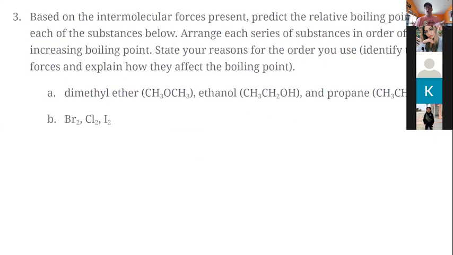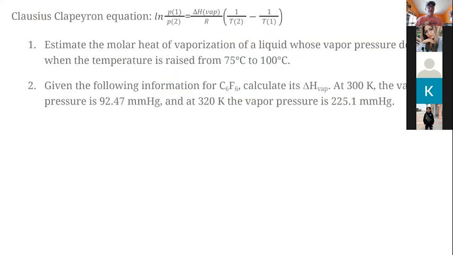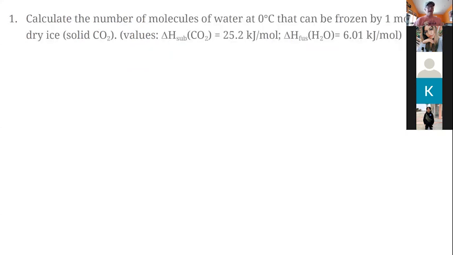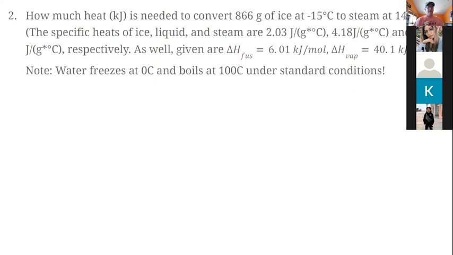You have three different molecules here, and then arrange them from lowest boiling point to highest boiling point. In other words, which one has the lowest intermolecular force interactions, and which one would have the strongest. And then I figured I would do one of these with you, and you could do the other one in the group. And then I'll do the last one with you at the end, okay?